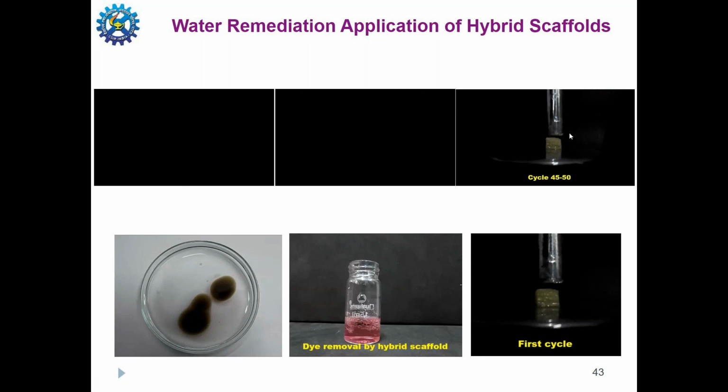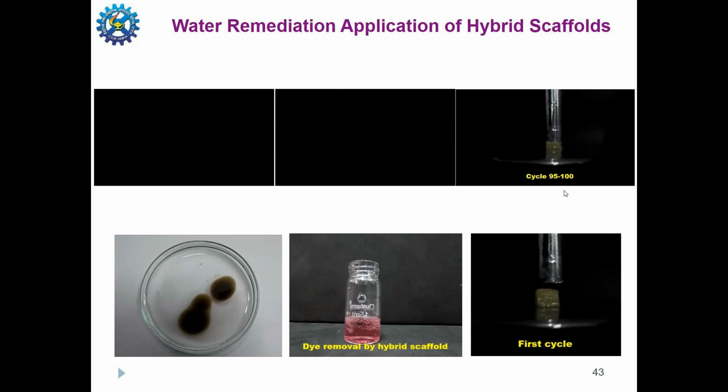So the stability of these scaffolds is pretty good even after hundreds of cycles. This video shows different compression cycles. This is around 50 cycles, and this is around the 95th to 100th cycle. The shape is retained.